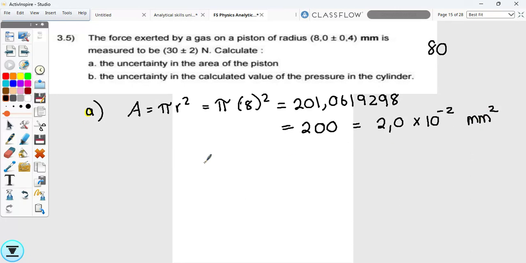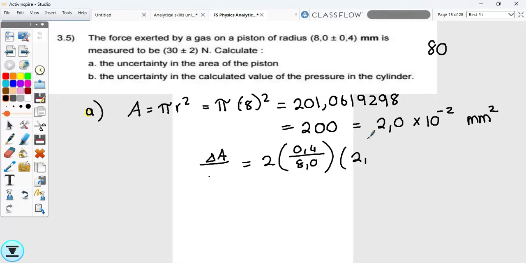And then again, for the uncertainty, it's exactly the same as in 3.4. We're going to say that the uncertainty in the area is going to be equal to 2 times the uncertainty in the radius, which is 0.4 over 8.0. And to save time, we're going to skip this step where we write it there, and it will be times by 2.0.